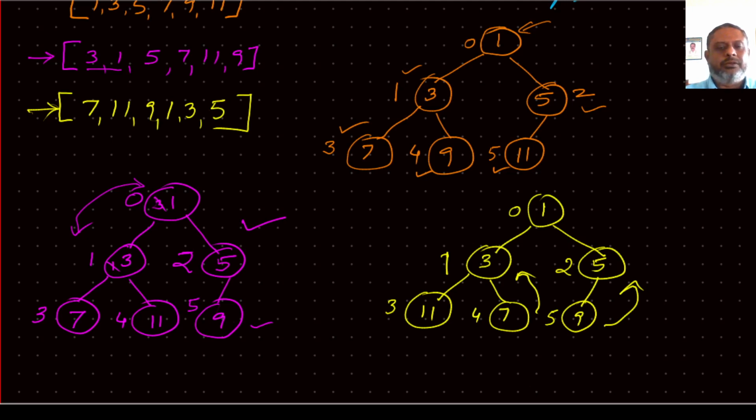So if 0, 1, 2, 3, 4, 5 are the nodes being used, sixth node is empty because there are only 6 elements here. We are starting from index 0, so index 6 is missing. And if the 7th node comes in, then it has to be in this position 6, and 8th one has to take the next one, and so on.